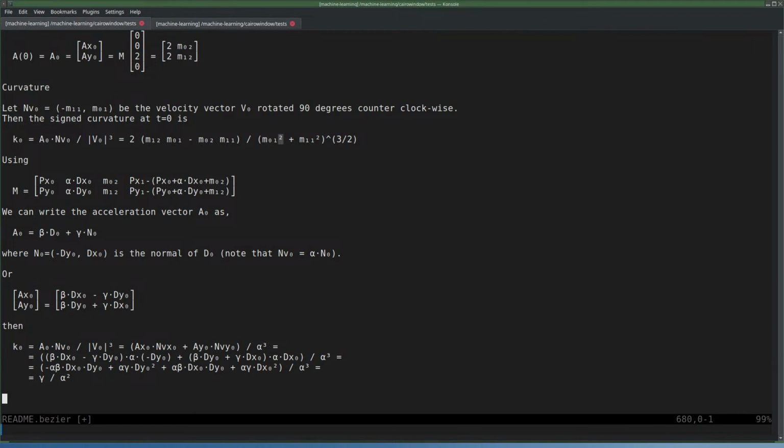So in this formula, I can just replace gamma now with kappa, with a k. And this is just this third column of the matrix.